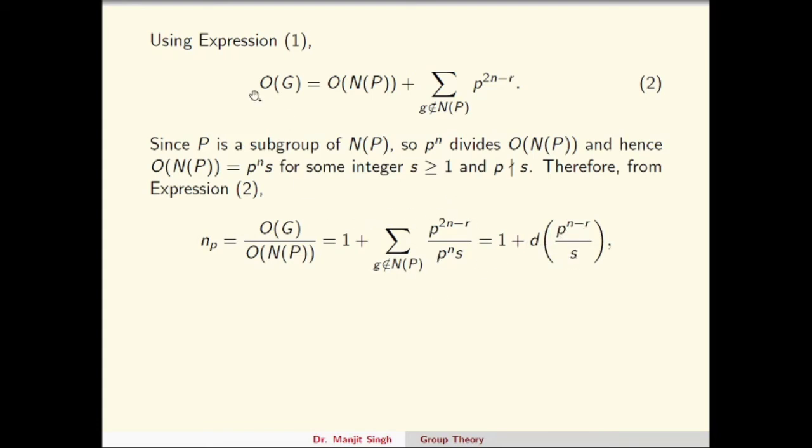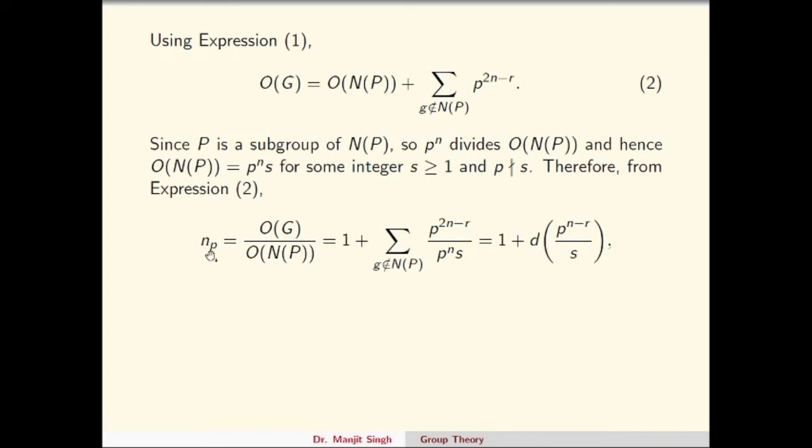So one can note that this is the number of Sylow P-subgroups, it is the order of G upon the order of N_P, and from this expression we get 1 plus the summation over g not belonging to N_P of P^(2n−r), divided by P^n S, which is P^(n−r)/S. And if there are D distinct such elements, this expression can be written as follows.